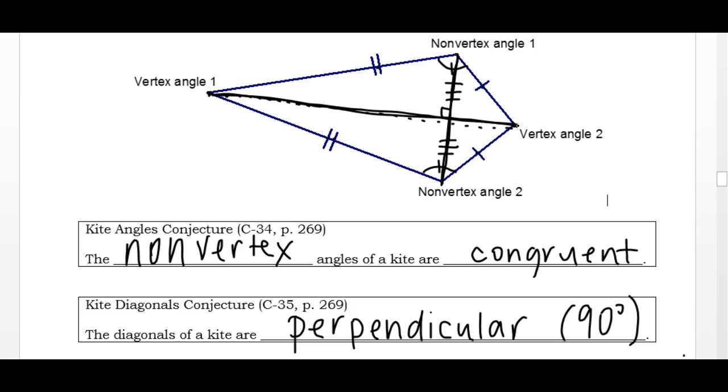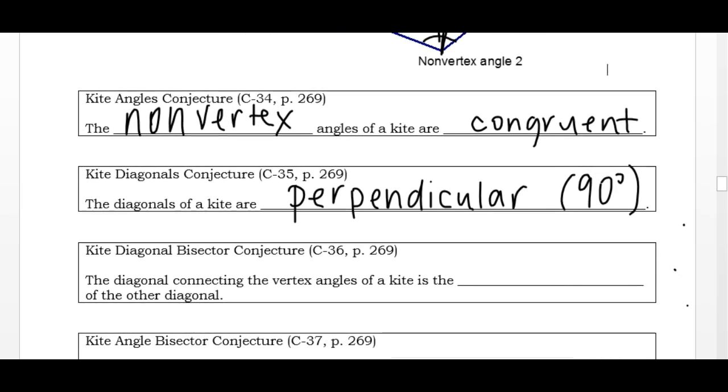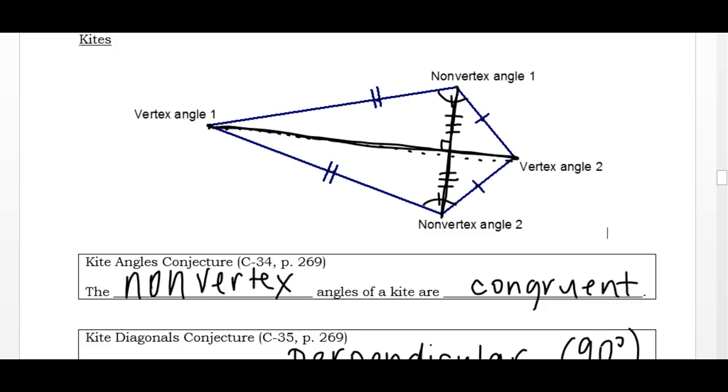So our proper word for cut into 2 equal pieces is bisector. So not only do I have 4 right triangles, I have 2 sets of congruent right triangles. Since this is the bisector here, I know this triangle and this triangle would be congruent, and this triangle and this triangle would be congruent.